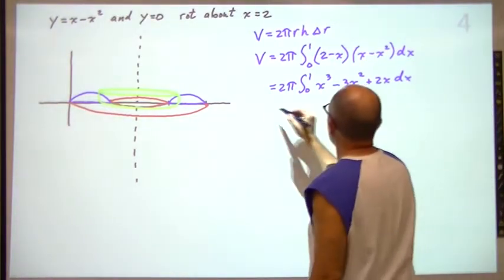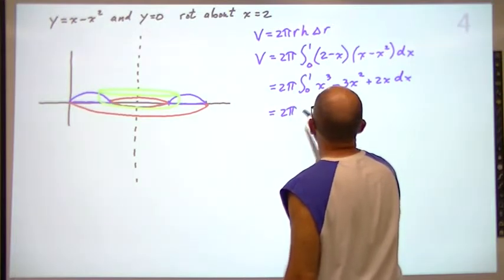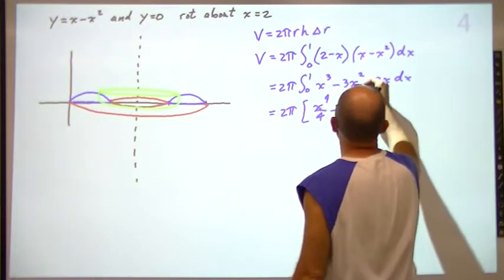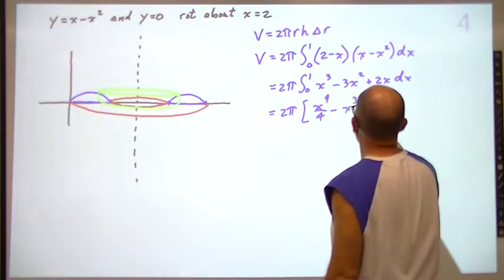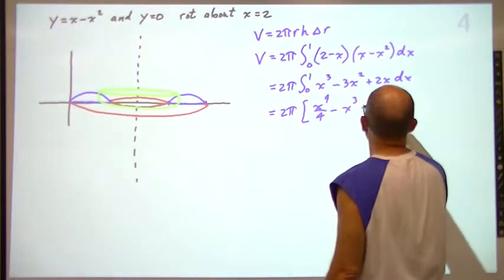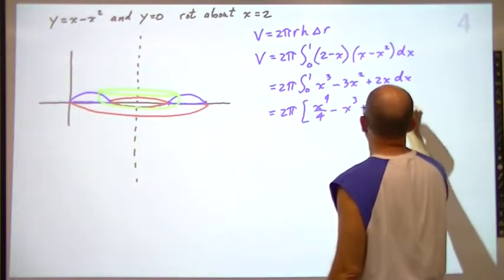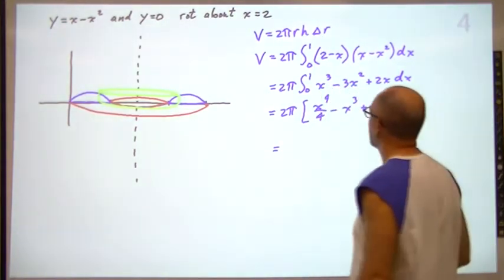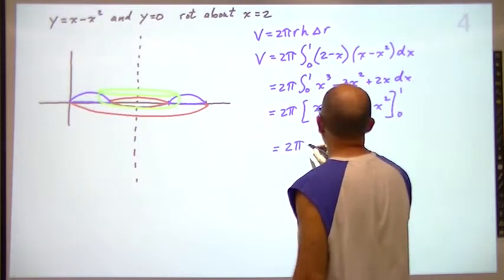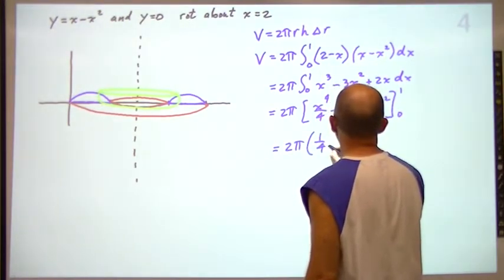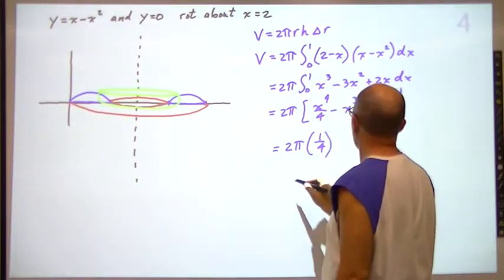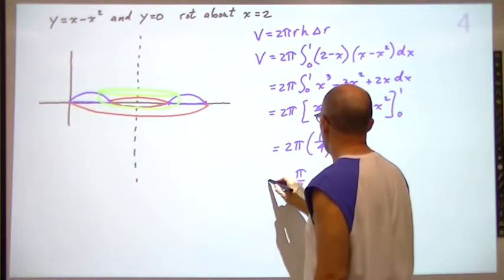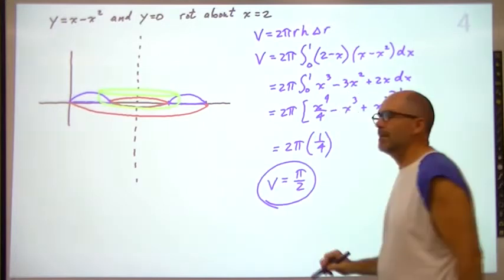Okay, and so this becomes 2 pi, and we have x to the 4th over 4 minus 3x cubed over 3 plus 2x squared over 2 from 0 to 1. That 0 to 1 is really handy. Okay, so now we go 2 pi times 1/4 minus 1 plus 1, and that becomes 2 pi times 1/4, or pi over 2. That's it, game over.